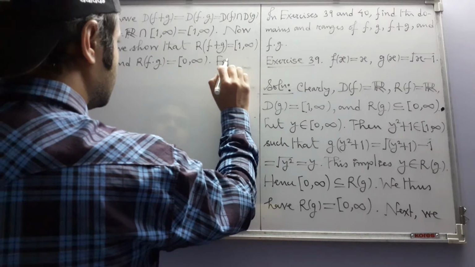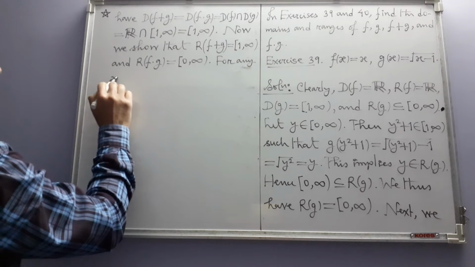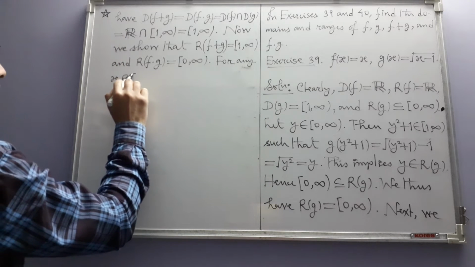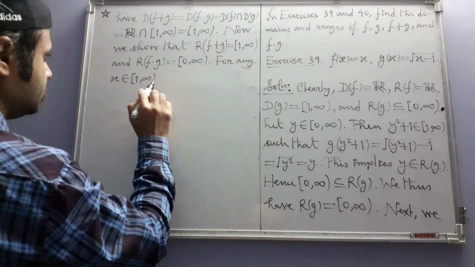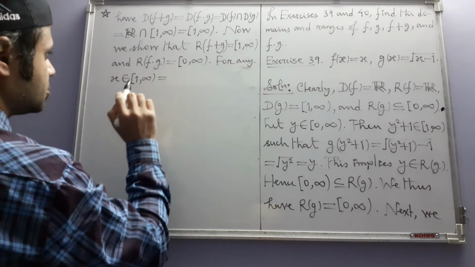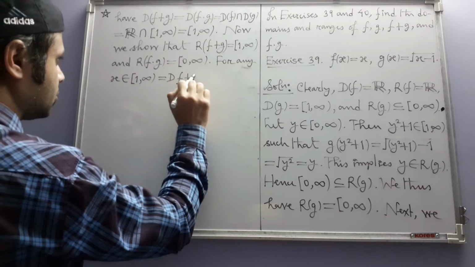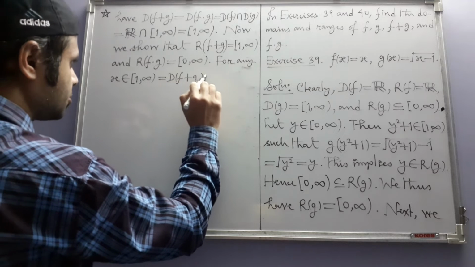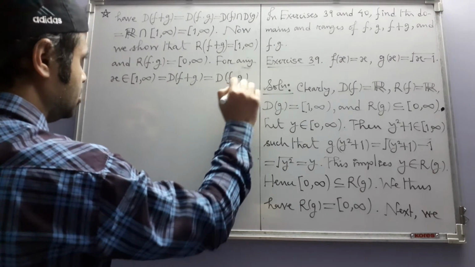For any x in 1 comma infinity, that is the domain of f plus g and also the domain of f dot g.